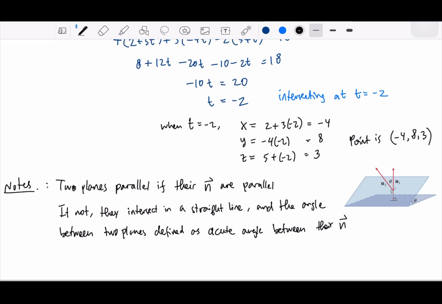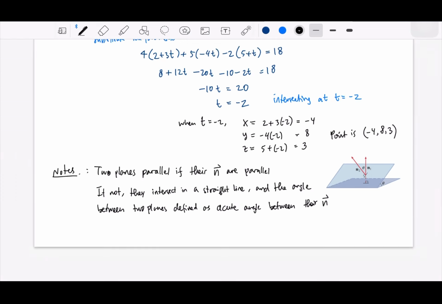Okay. Well, let me finish the section with the last one for the plane, which is the distance.